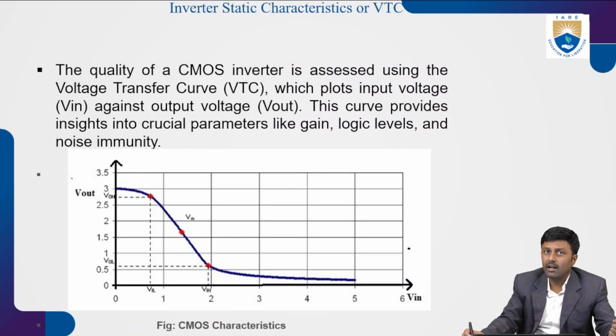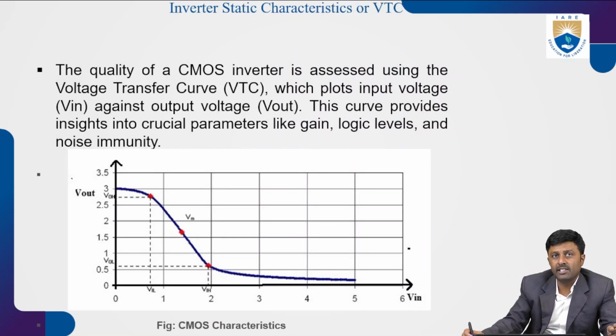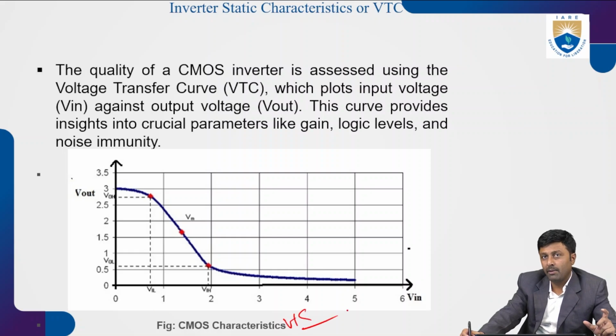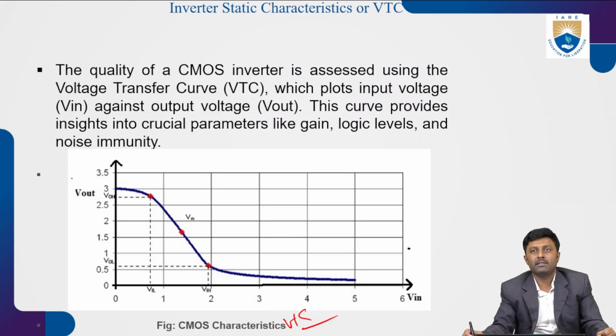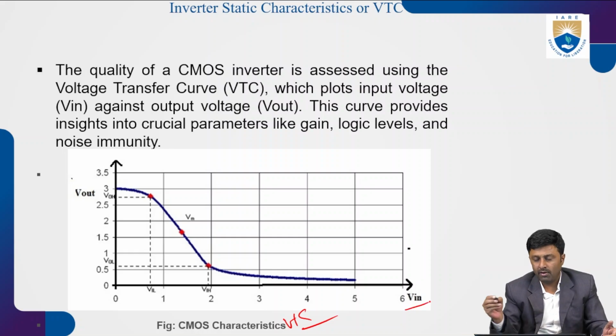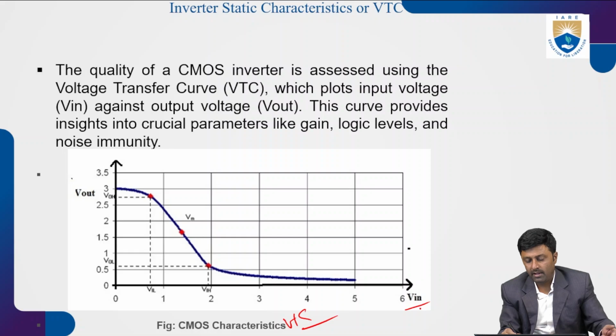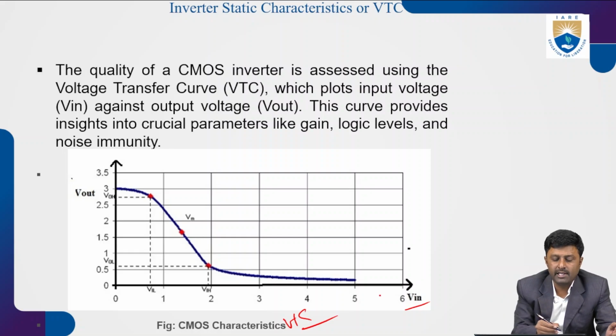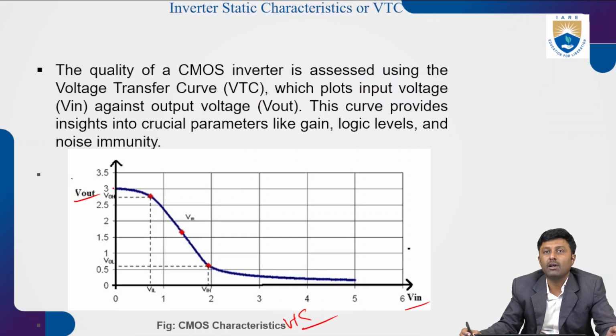The quality of the CMOS inverter is assessed using the voltage transfer characteristics, that is the VTC, which can be best understood with the help of this graph, wherein we have drawn input voltage versus output voltage, that is Vin versus Vout.